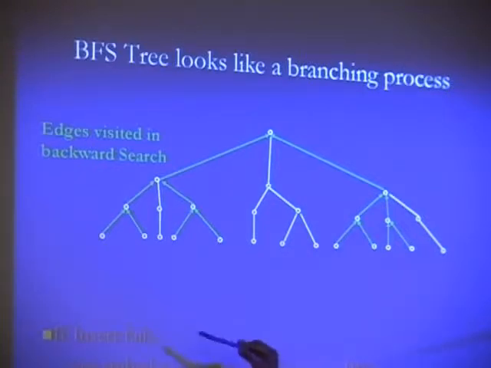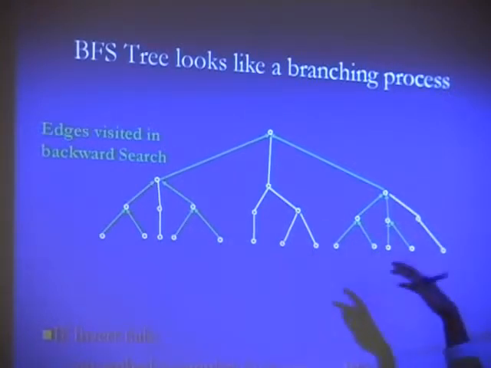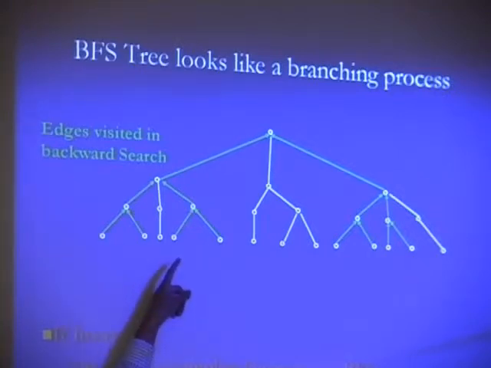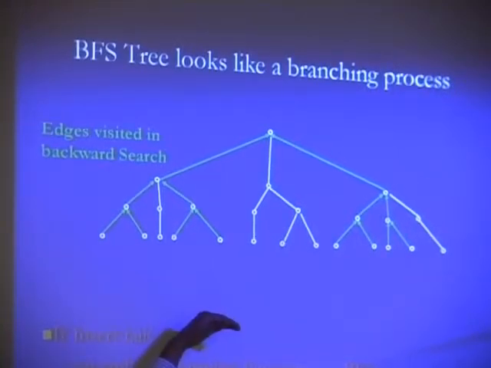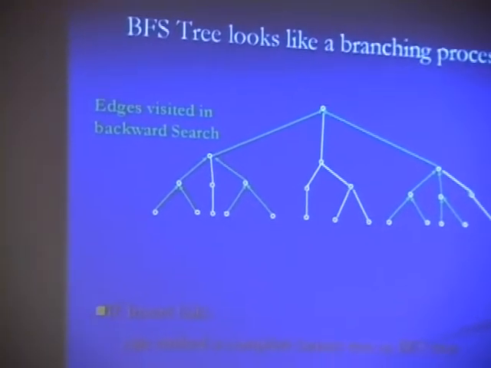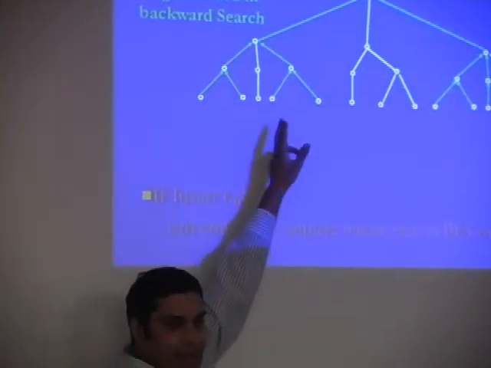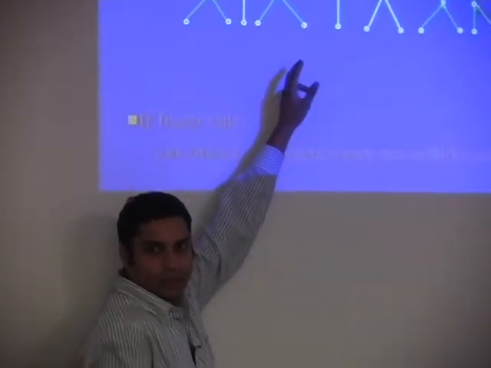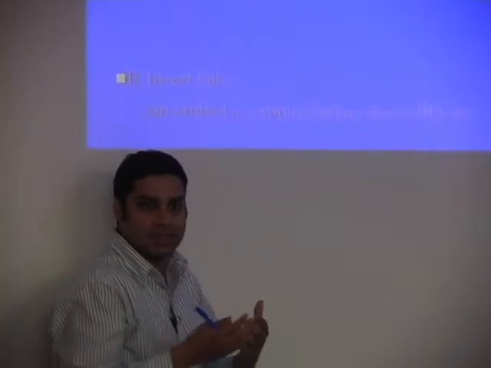That means you are finding this complete binary tree embedded in this graph while you're performing this search. So the only way your search can fail is if there is such a complete binary tree embedded in the random graph. So the question becomes, for what values, how many edges, under what conditions is such a complete binary tree present in a random graph? What is the ratio of the number of edges to vertices so that this does not happen?